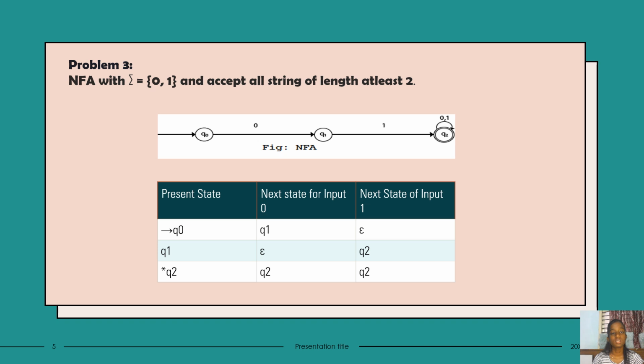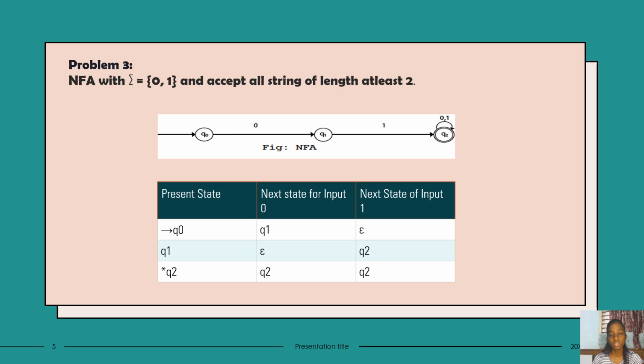So the next is an NFA which accepts all strings of length at least 2. So here the transition diagram is Q0, Q1 and Q2. Your present state is Q0, where it will move to the next state Q1 for input 0 and for input 1. From Q0 to Q1 there is no 1 so it will become null. So the next is Q1 state.